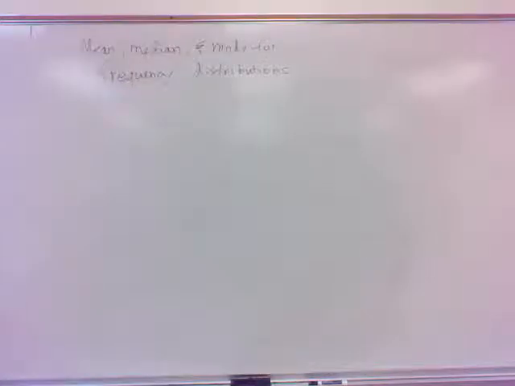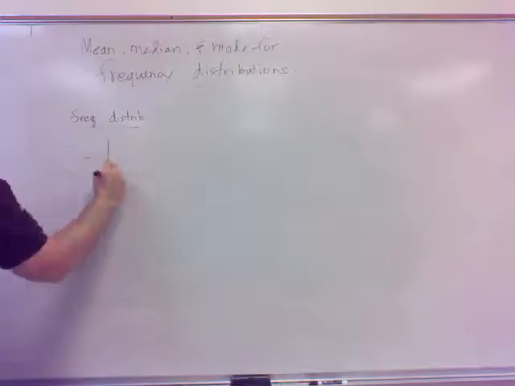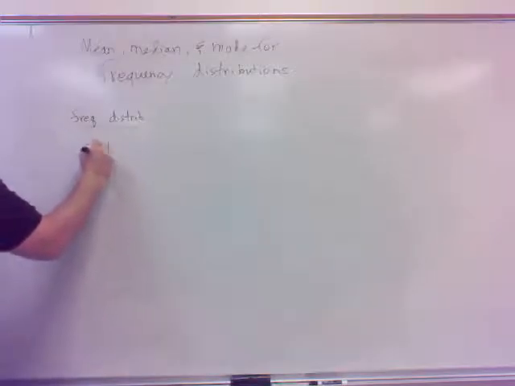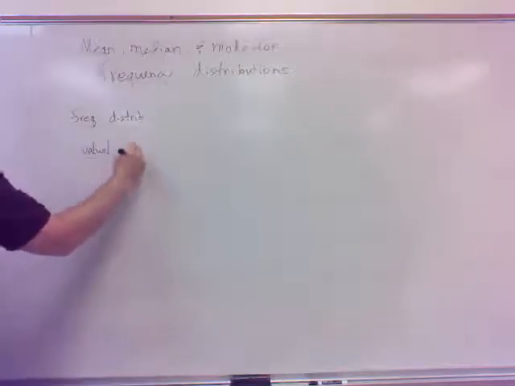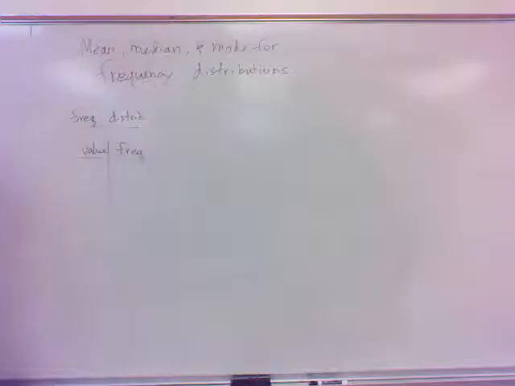to talk about. Now, first of all, let me give you a representative example here of a frequency distribution. By that, what I mean is just, it's a table, a table of frequencies. You got a value, and then you got a frequency of the value across from it.